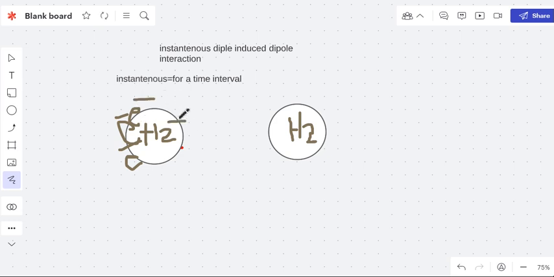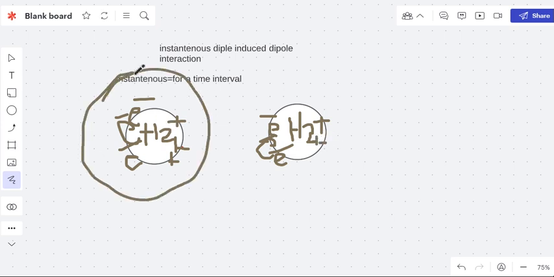For an instant time interval it is positive here, and this positive charge attracts the electron toward itself, and the positive charge moves here for a time interval. So this is the instantaneous dipole, and this is the induced dipole, because the instantaneous dipole induces a dipole moment in the neighboring atom.